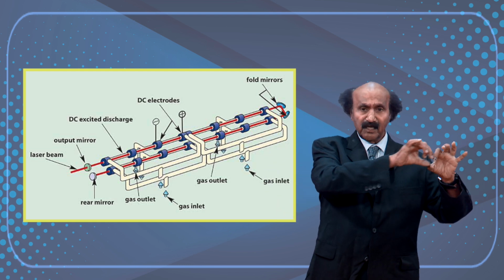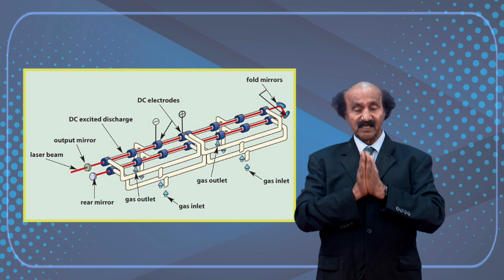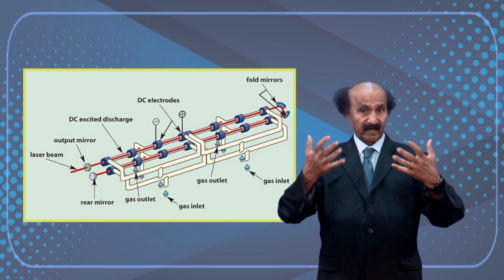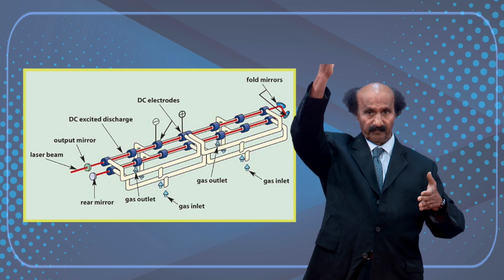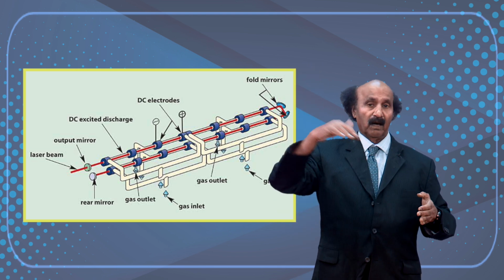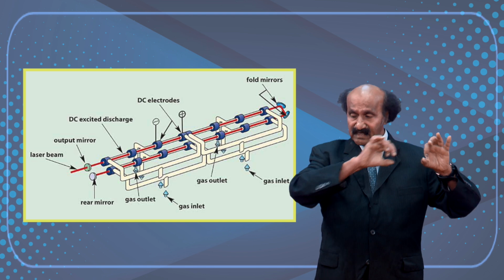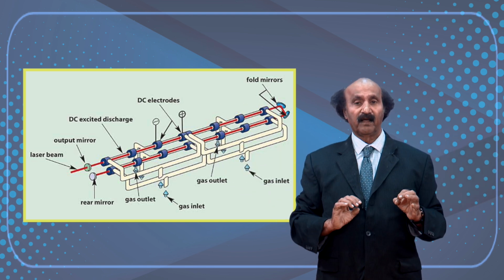Then you will have a continuous discharge. This is called a transversely excited laser. The excitation is in this direction. I would say electrons will run from the top to bottom. Gas is running in this direction. Laser is running in this direction.